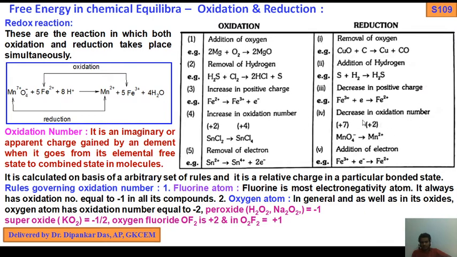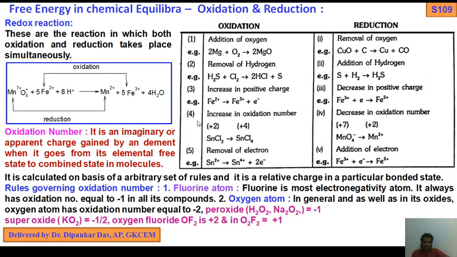Similarly, in case of reduction, decrease in oxidation number. MnO4- to Mn2+. As you know, this is the Mn plus 7 state, because 4 into minus 2 equals minus 8, and minus 1 means Mn is plus 7. So plus 7 to plus 2, that is decrease in oxidation number.